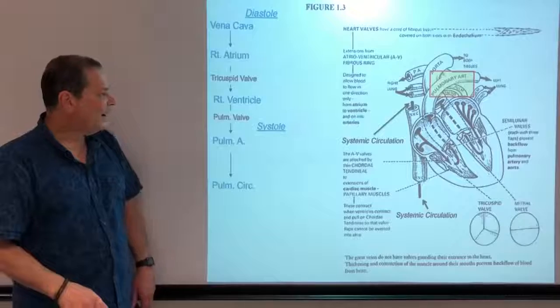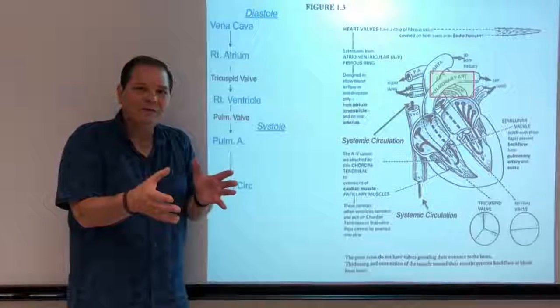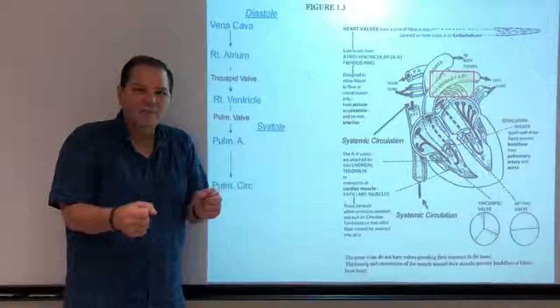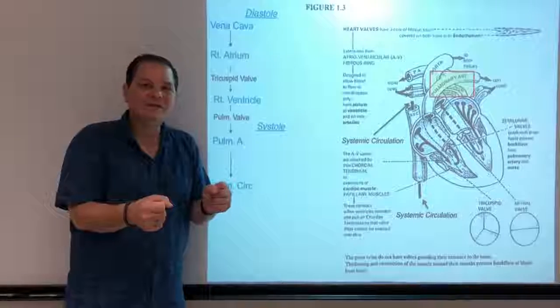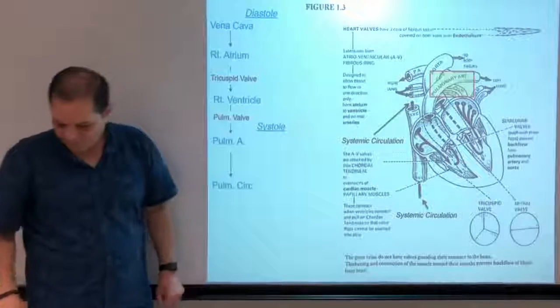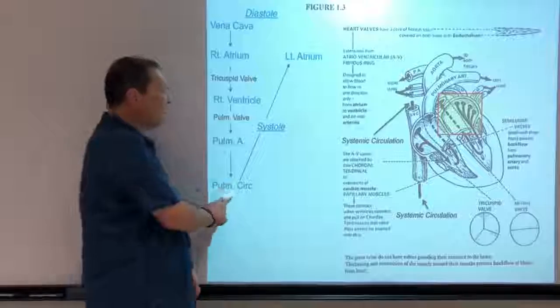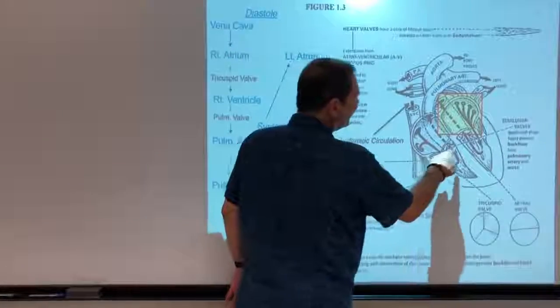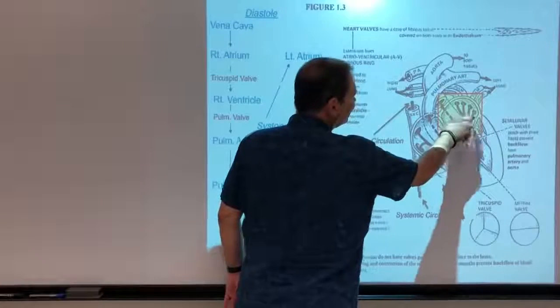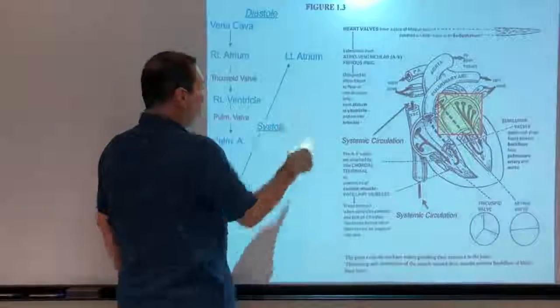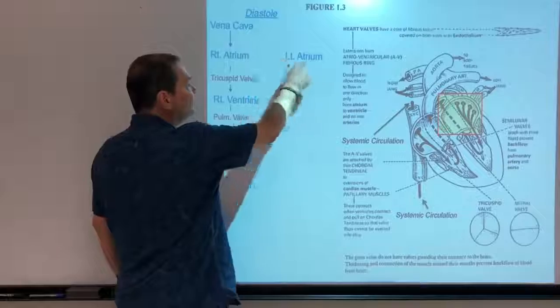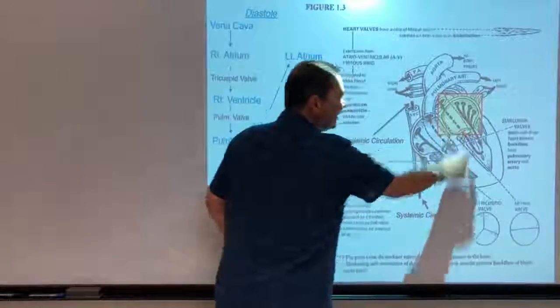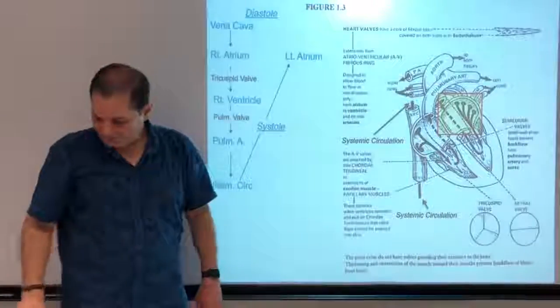Okay? Now, we've ejected blood from the right ventricle. Let's see what's happening on the left side during this cycle. So blood goes from the pulmonary circulation, and from the pulmonary veins, it enters the left atrium, flowing from high pressure to low pressure into the left atrium. Okay?